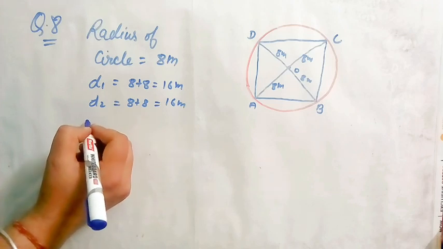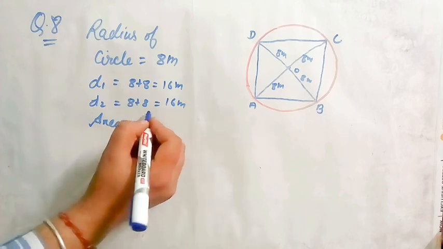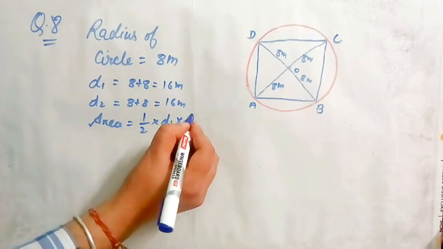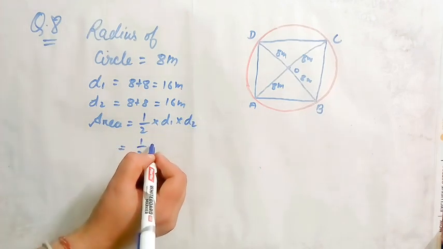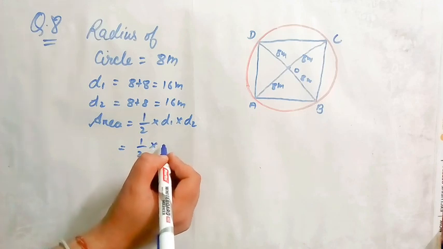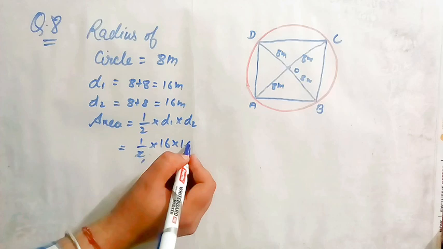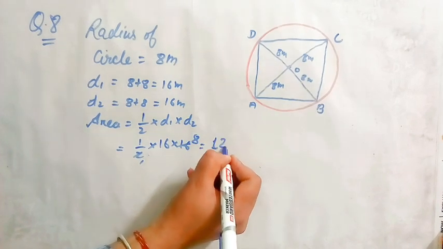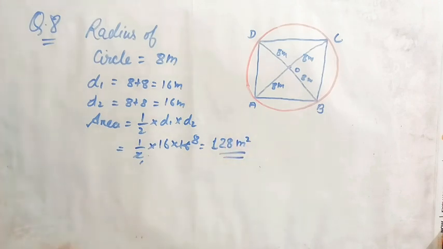When diagonals are given, you can use the formula, that is half into d1 into d2. So half into diagonal 1 is 16 and diagonal 2 is also 16. So 2 8s are 16 and 16 8s are 128. So 128 meter square is the area of the square.